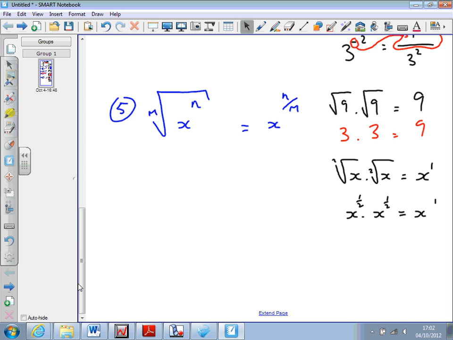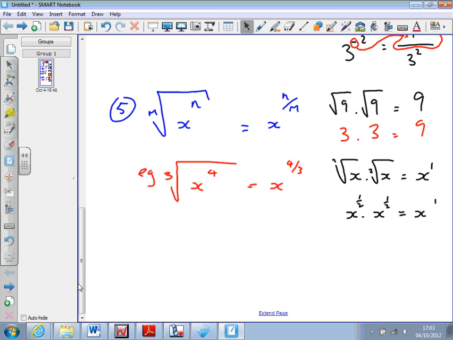But at the end of the day, what you have to remember is this. For example, the cube root of x to the power 4 would be x to the 4 over 3. So m and n stand for the numbers by the variable x.